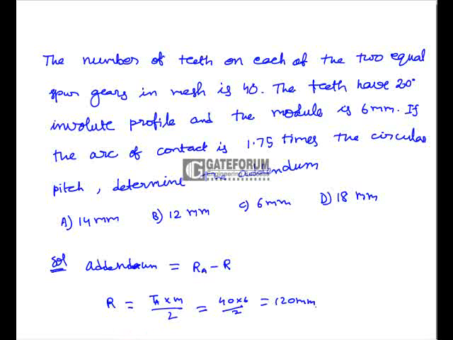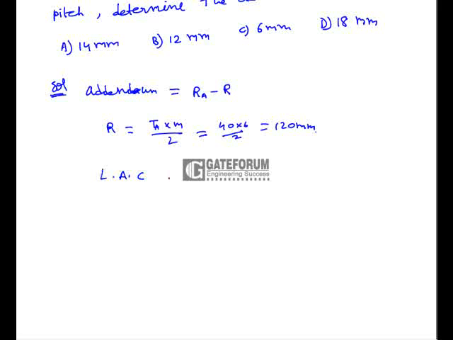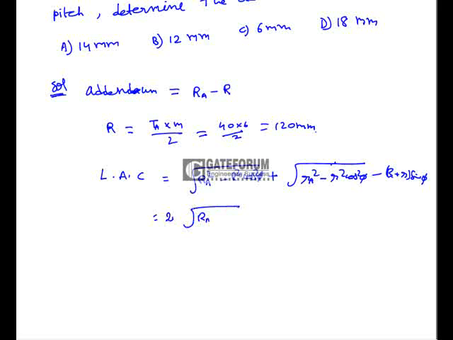So by using the length of arc of contact, which is equal to the square root of RA square minus R square cos square phi, plus the square root of RA square minus r square cos square phi, minus (R plus r) sin phi. Here capital R represents the gear radius and smaller r represents the pinion radius, but here both gears have the same radius, so it is equal to 2 times the square root of RA square minus R square cos square phi, minus R sin phi. So this is the length of arc of contact.